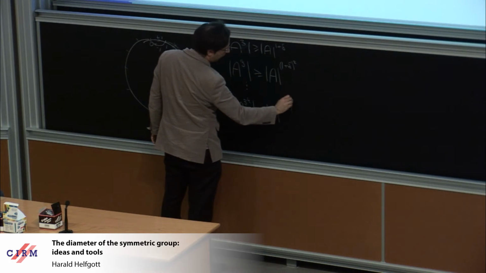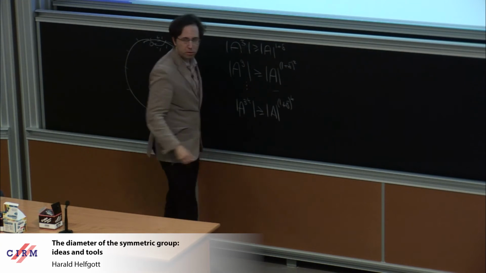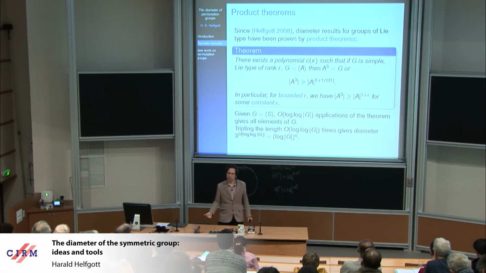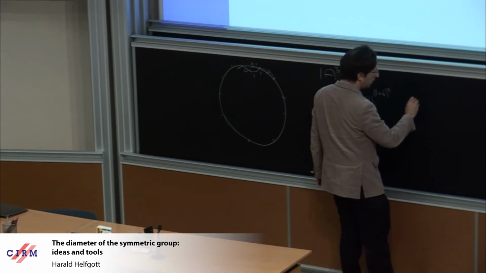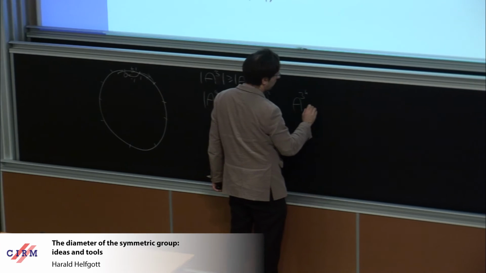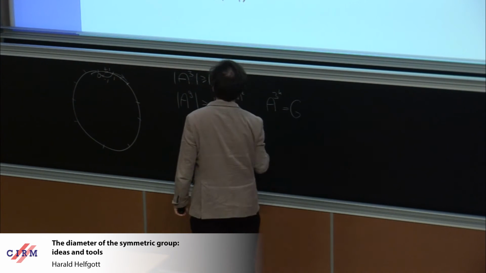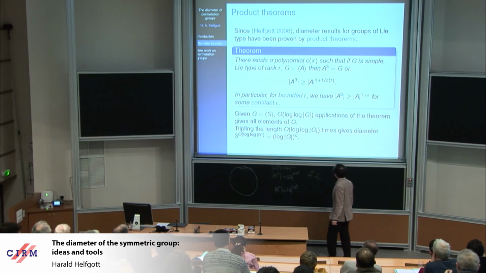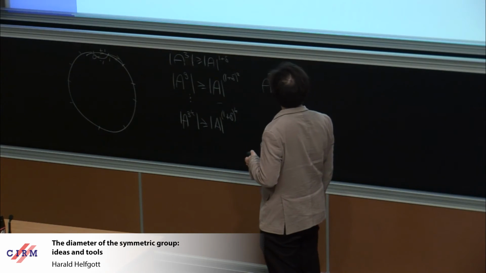And at some point you have to stop, because this would get to be larger than the size of the group, and that's impossible. So then you know that at some step, possibly the last one, you must have already got that A to the 3 to the k is all of the group. And then this means that the diameter is at most 3 to the k. Very well.